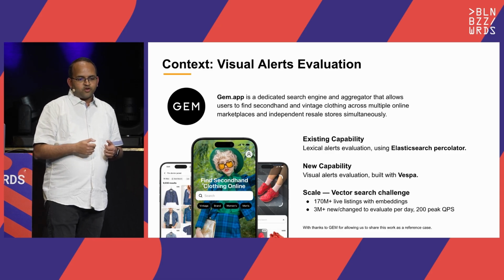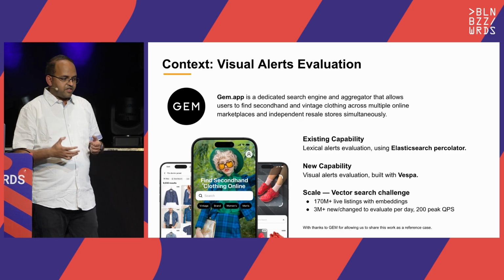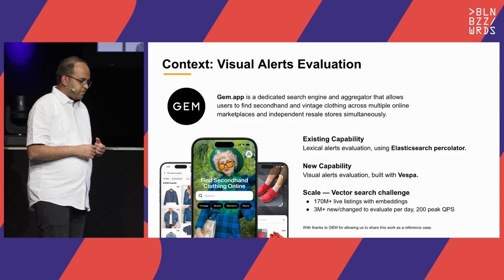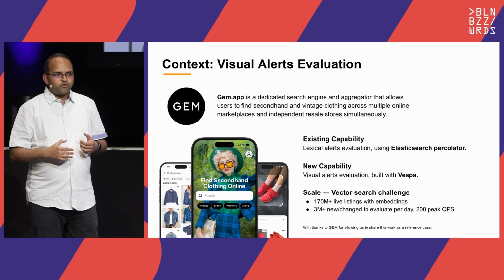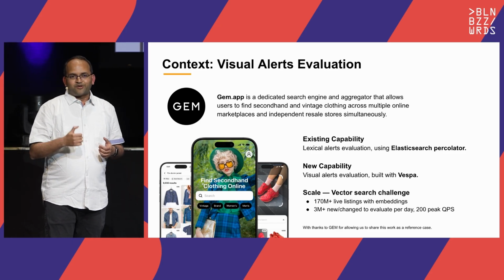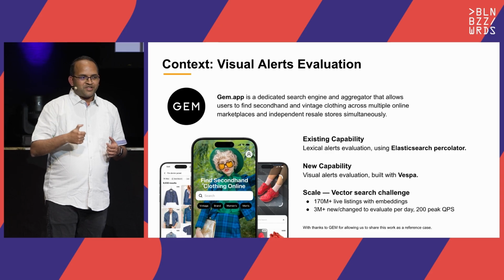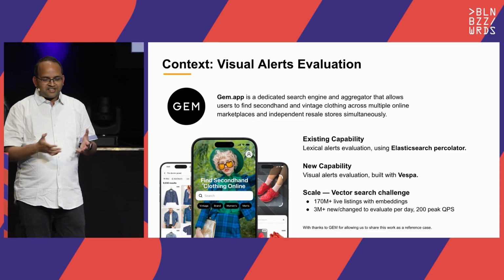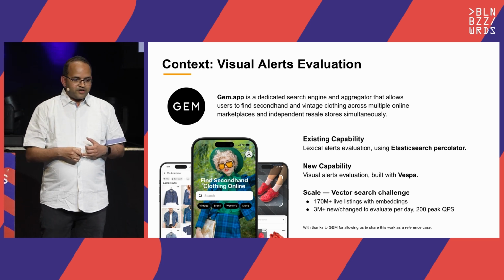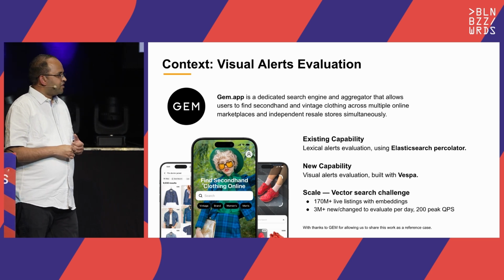They are in the vintage clothing and second-hand market niche. So most of their users are very loyal and they are always looking for something vintage, something specific. So that's the use case. That's the work where we are doing this.